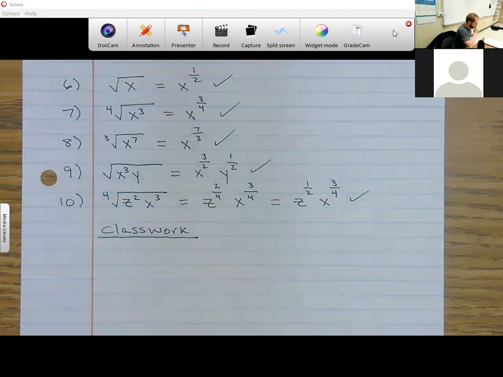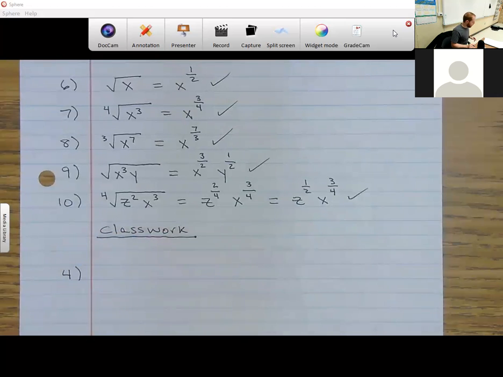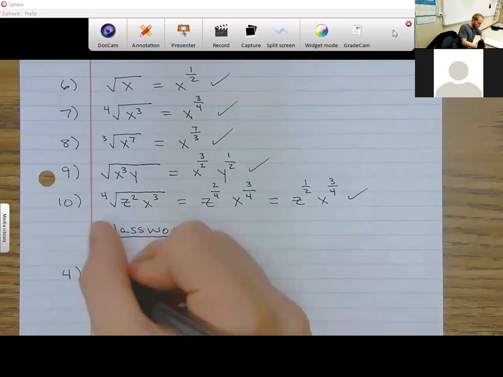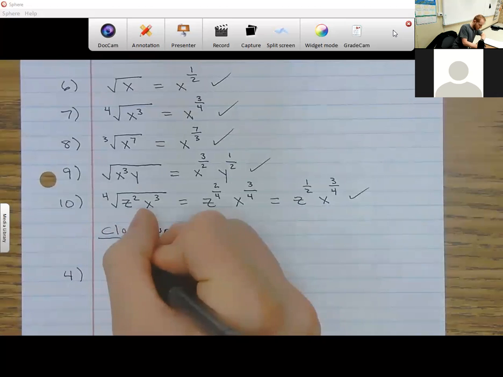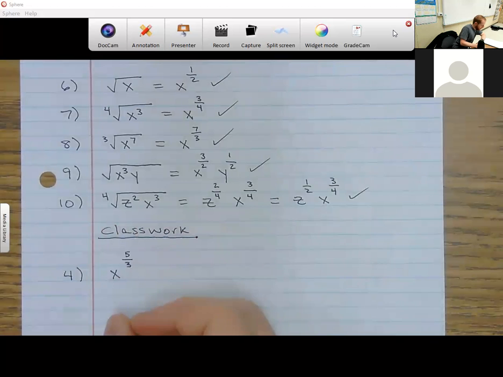Okay, so for the classwork, let's do number 4 and number 5. Okay, so 4 says we've got x to the 5/3 power. And it's saying convert from rational exponents to a radical.